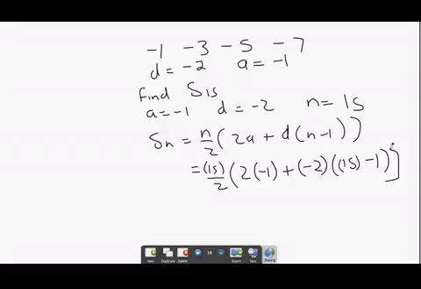Then again we use our calculator. So now here we find that our answer is going to be equal to negative 225, and that's how we find the sum of an arithmetic sequence.